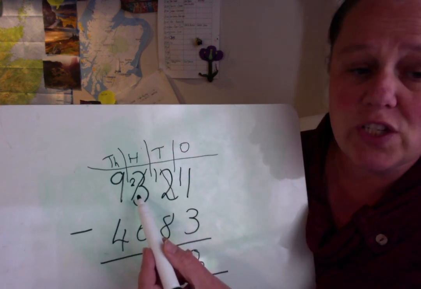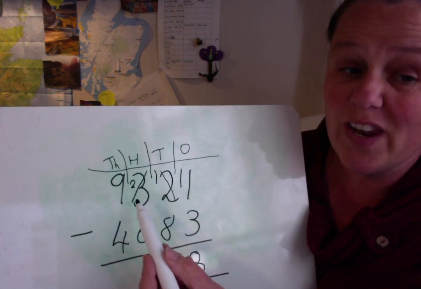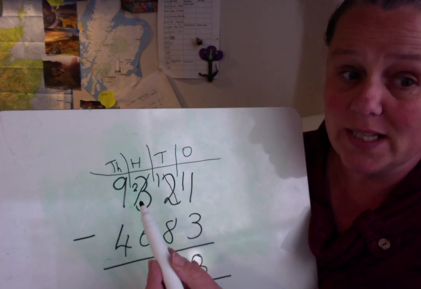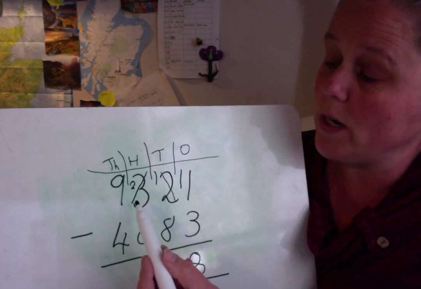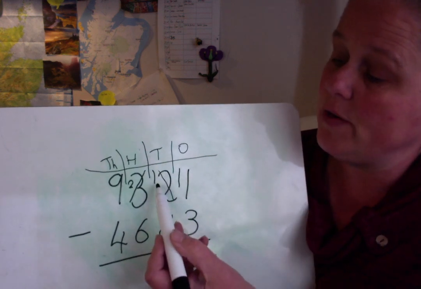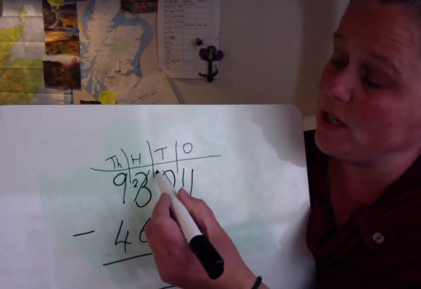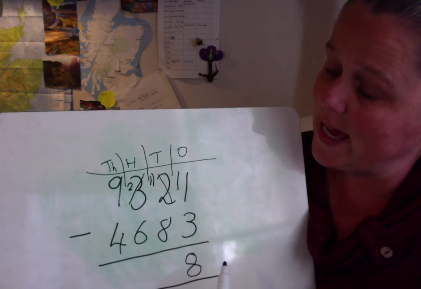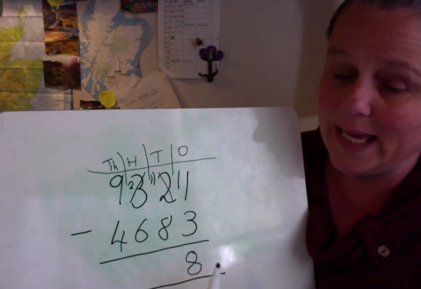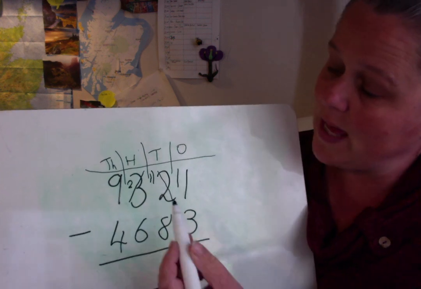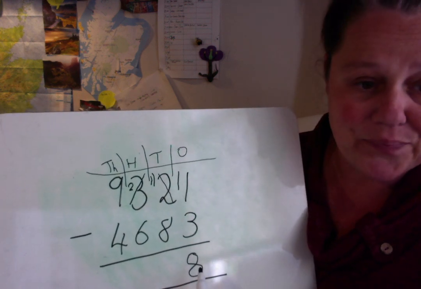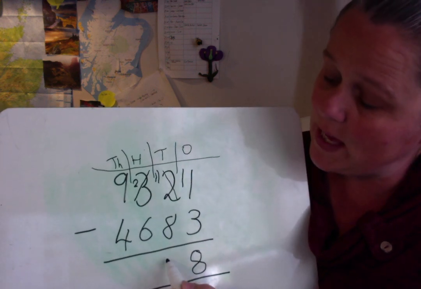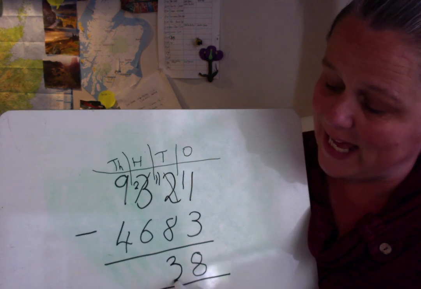If I'm exchanging 100, I now have 10 tens, because 10 tens is equal to 100. So I've exchanged 100 for 10 tens. I already had 1 ten, so now I have a total of 11 tens. I am now going to subtract 8. So 11 tens subtract 8 tens would leave me with 3 tens.